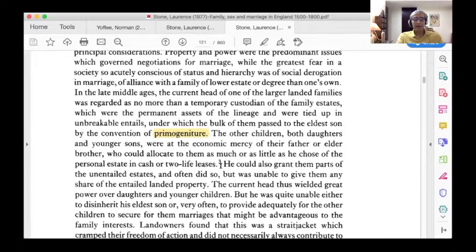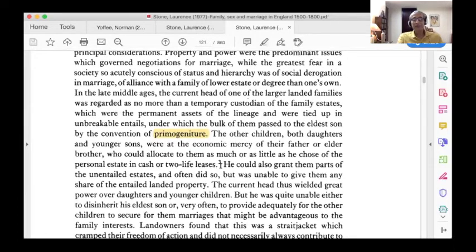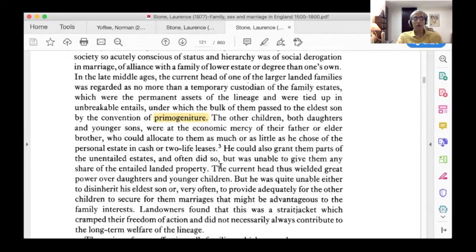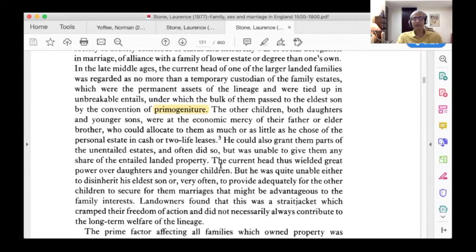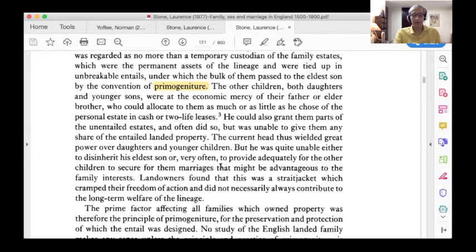So the other children, both daughters and younger sons, were at the economic mercy of their father or elder brother, who could allocate to them as much or as little as he chose of the personal estate in cash or life leases, right? So, except for the eldest son, everybody else had to rely on the largesse, the generosity of the person who inherited, the person who actually controlled the property.